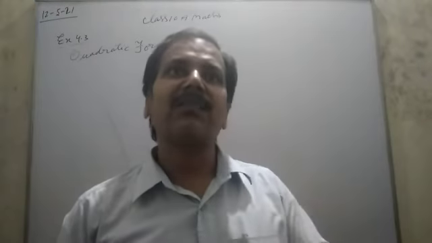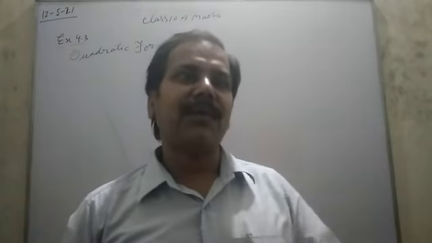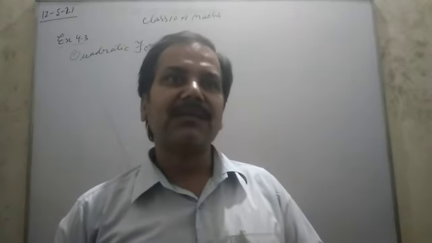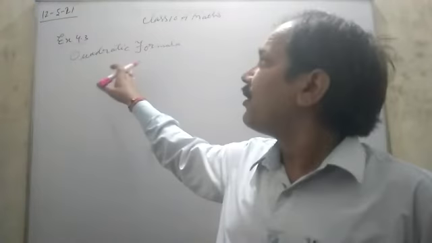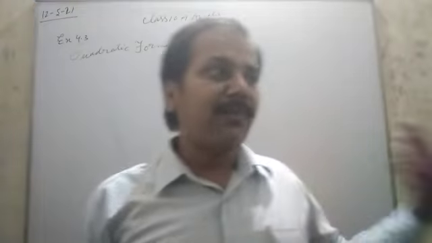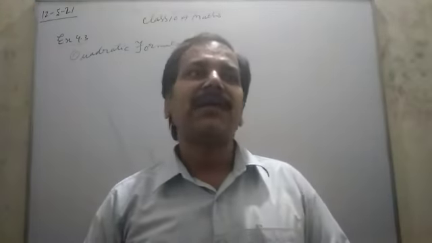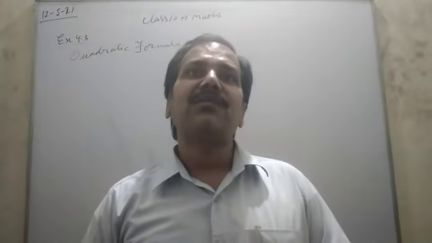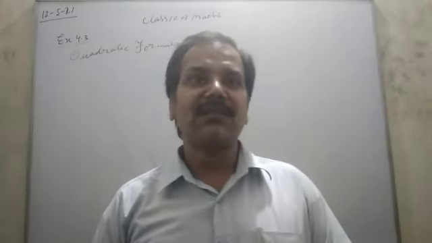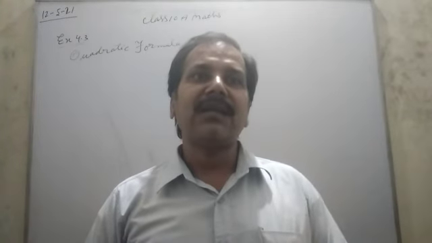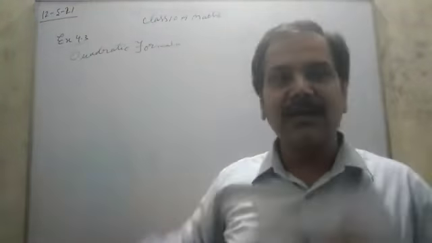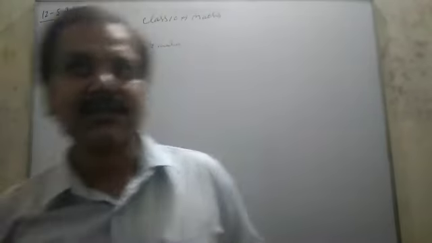By the quadratic formula, we can find the solution of any type of quadratic equation. But factorization and completing the square work only if some conditions are followed. Otherwise, by the quadratic formula, we can find the solution of any quadratic equation.